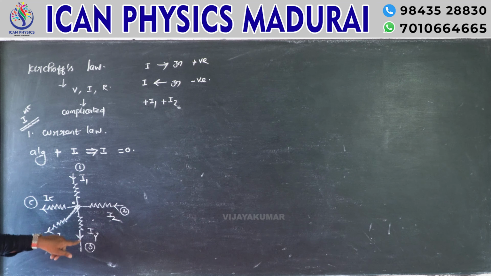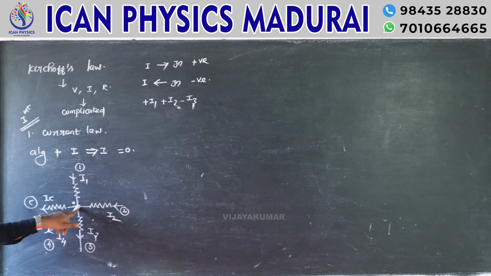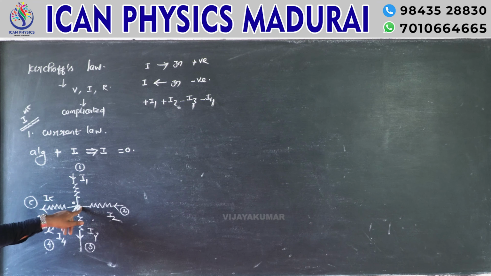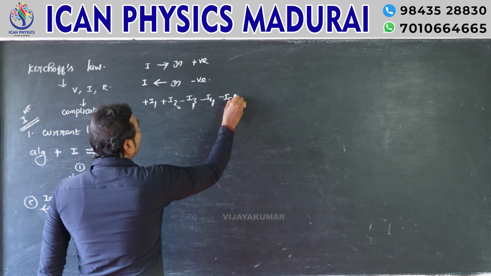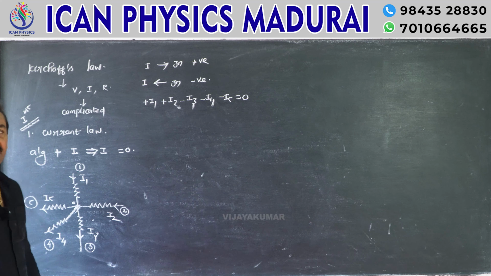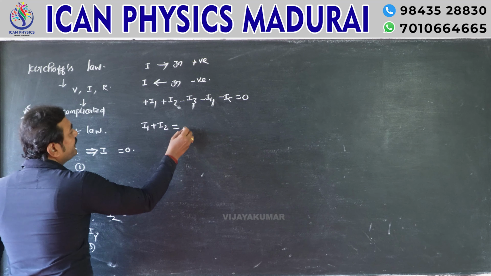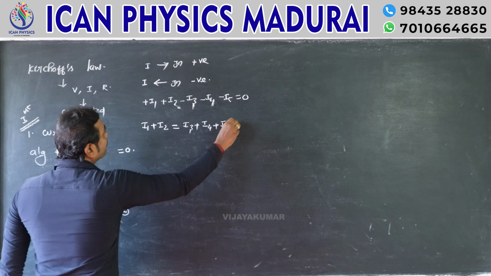I3, I4 and I5 are moving away from the junction, so minus I3, minus I4, minus I5 equal to 0. Now the minus values go to the right side as plus values. So, I1 plus I2 equal to I3 plus I4 plus I5.